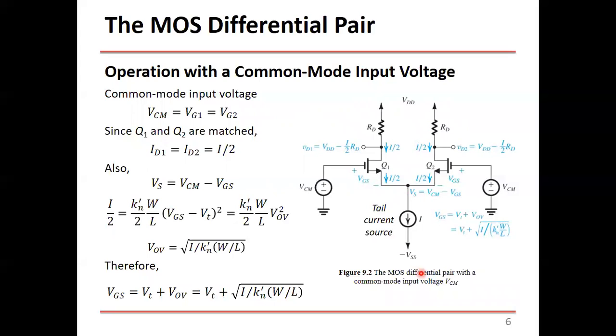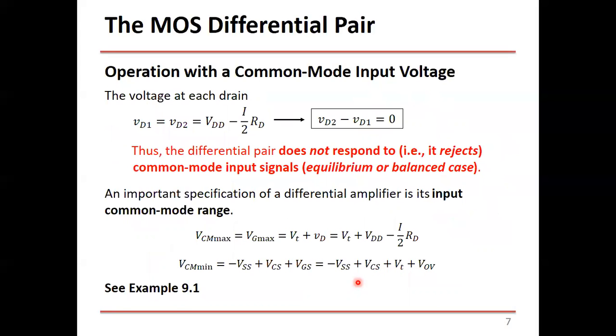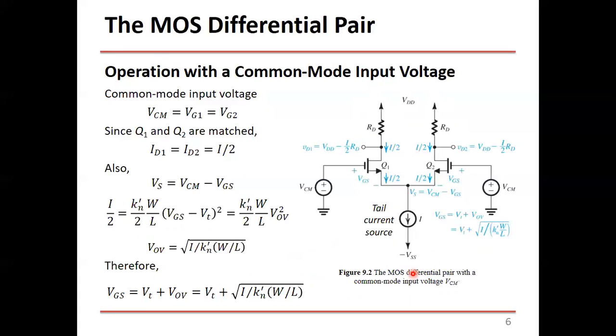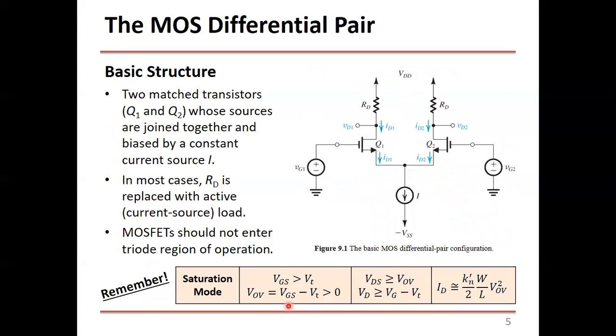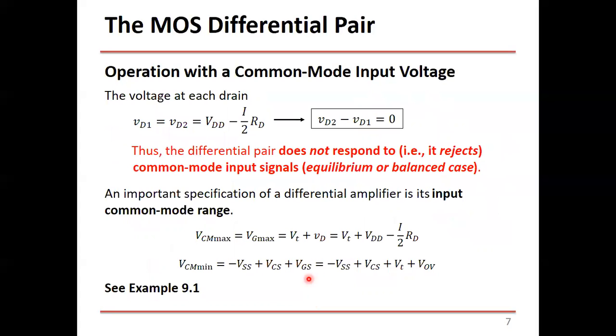And this has to be minimum. So we just take, as we did here, VGS and substitute V threshold plus V overdrive. Remember that VGS here equals V overdrive plus V threshold, right? From this equation here. So if we substitute VGS with V threshold plus V overdrive, this is the minimum value.